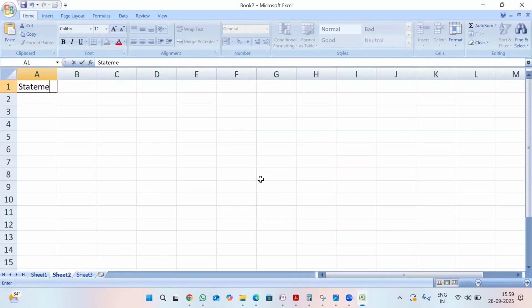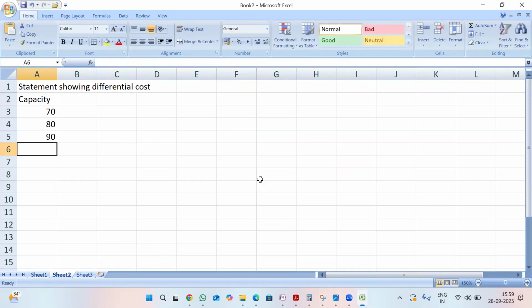So, statement showing differential cost. So this is capacity, that is 70, 80, 90 and 100.